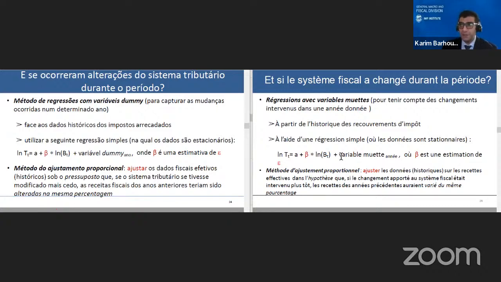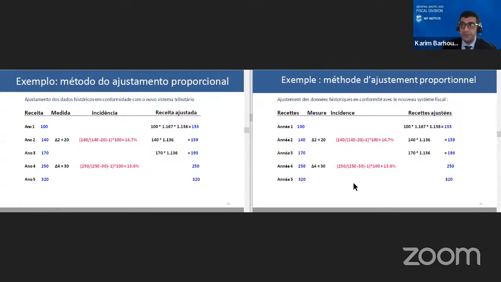So what we can do here is calculate the effect of the discretionary action in year 4 by calculating the ratio between your actual revenue and the revenue adjusted for the discretionary measure.